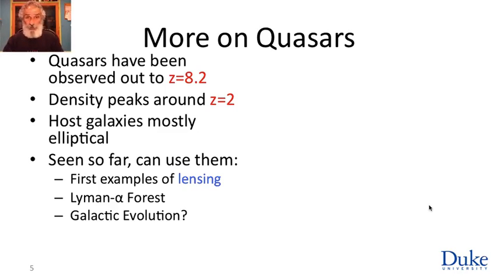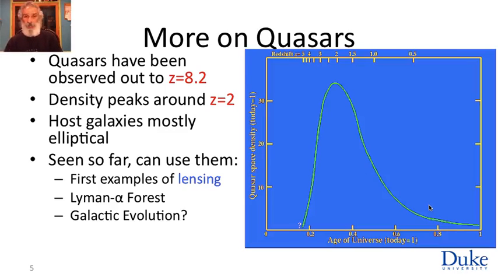If you look at the distribution of quasars in distance, you have to make corrections for the expansion of the universe. We'll talk about that next week. But when you make the correction, you find that it looks as though there was a period in the lifetime of the universe when quasars were the most common, and that occurred at a redshift of about 2, so when distances were about a third of what they are today.